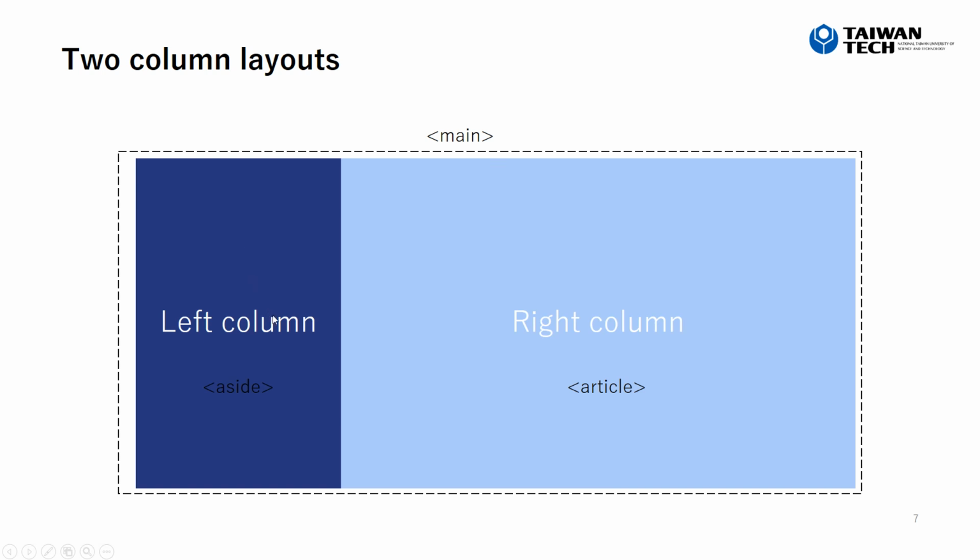So the main space will be divided to include their sums, like the left column and the right column. So today main is the father, aside and article are two brothers. They need to share the space with each other. So let's start to use HTML to create this.